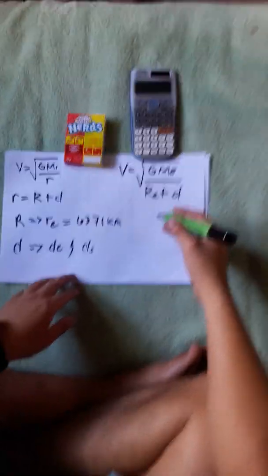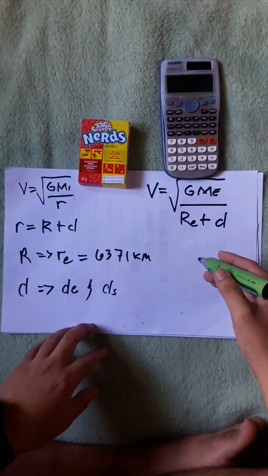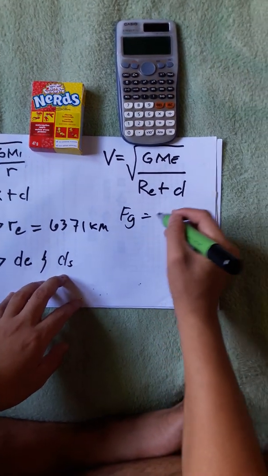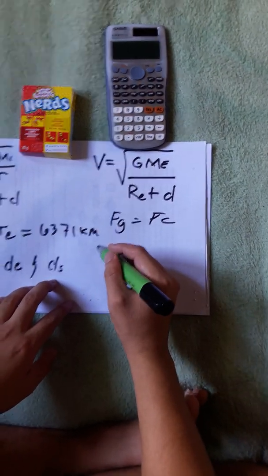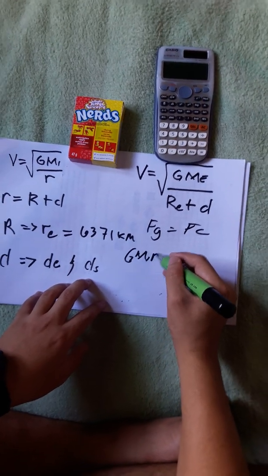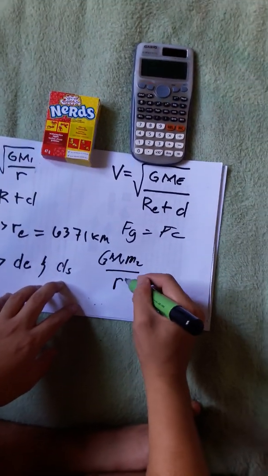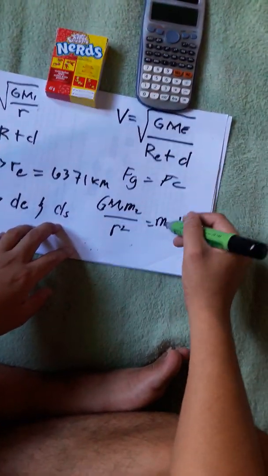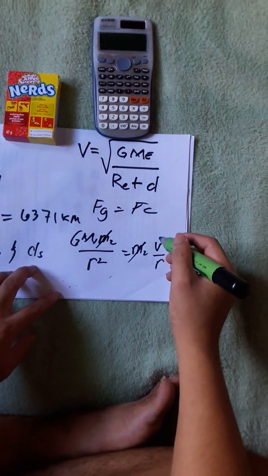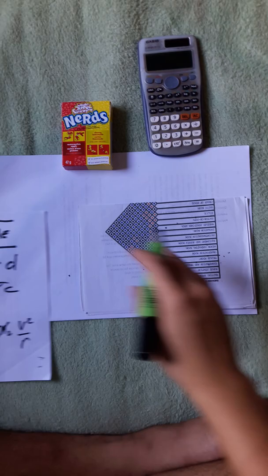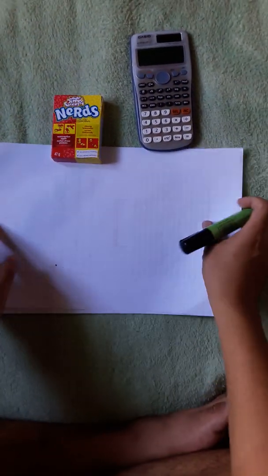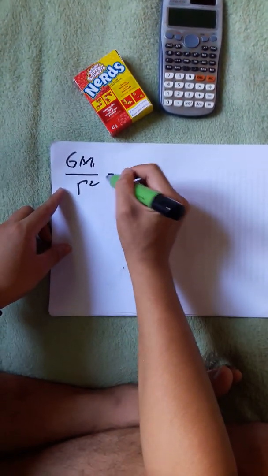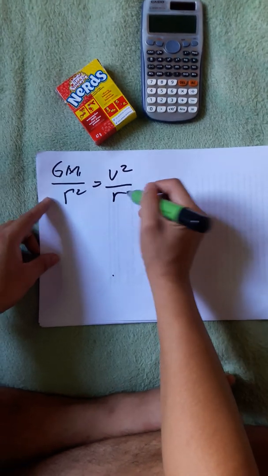So how do we know the distance of a geo-orbit? First, we re-evaluate our equations. So Fg is just equal to Fc, which is G m1 m2 over r squared is equal to m2 v squared over r. So cancel. So G m1 over r squared is equal to v squared over r.